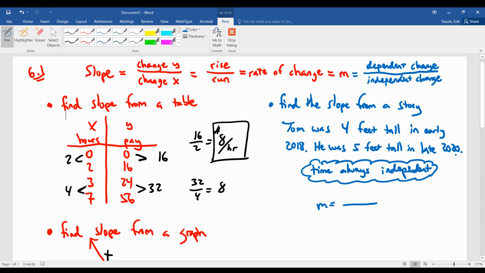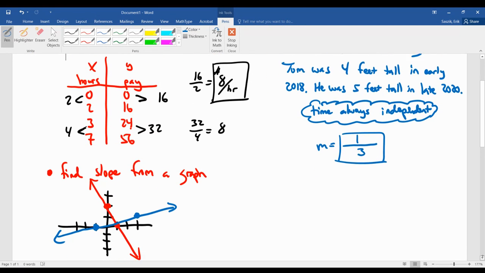Because you went through 2018, 2019, and 2020. So the time period that we're talking about here is 3 years. Time is always independent. That goes on the bottom. His height changed by 1 foot. So there's your slope. That's all there is to it.